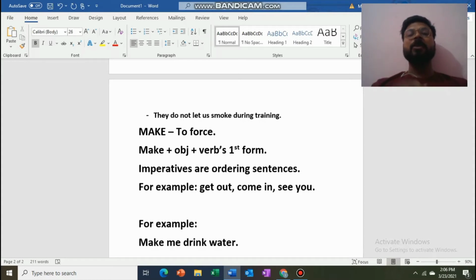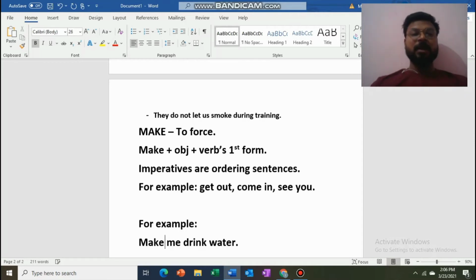So you say make me drink a glass of water. So it's a kind of order कि मुझे पानी पिलाओ. It's not directly towards the person who you are speaking to, like "you make me drink water." So you can say make me drink water, which means you give me some water to drink. Okay, so this means this.